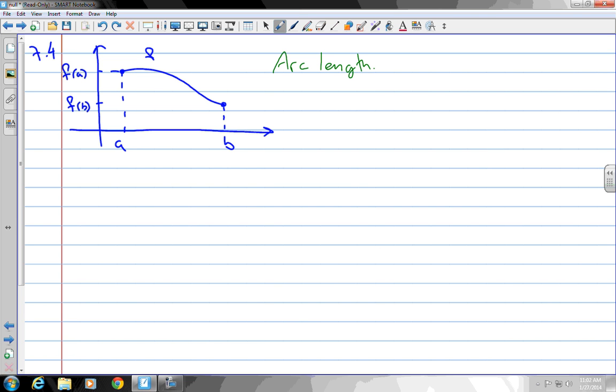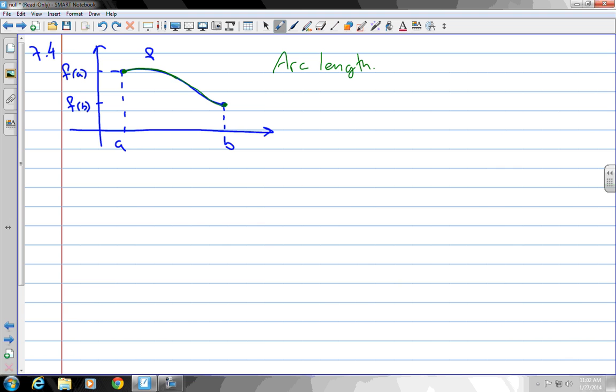So we literally want to figure out the exact length of the curve. We want to figure out how long the curve is on some interval. Okay? So this is the plan.